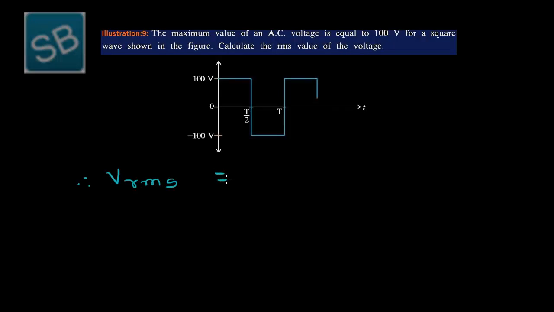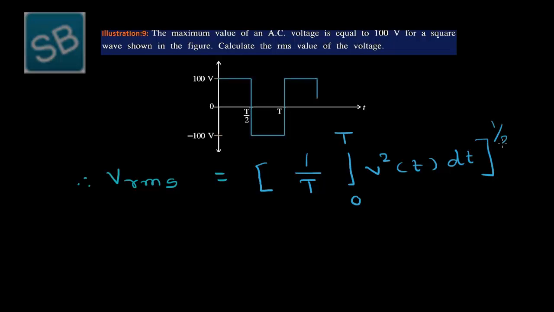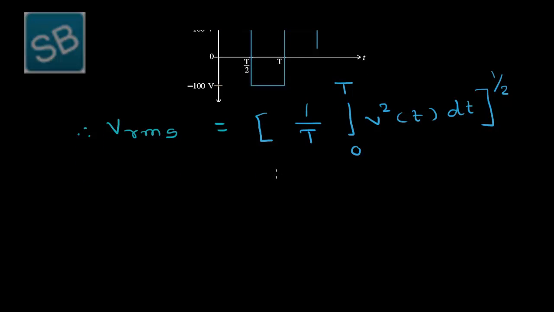V_RMS is equal to 1 over T integration 0 to T, because here the time interval is shown from 0 to T, V square t dt, and it is raised to 1 by 2 because we have considered the RMS value.